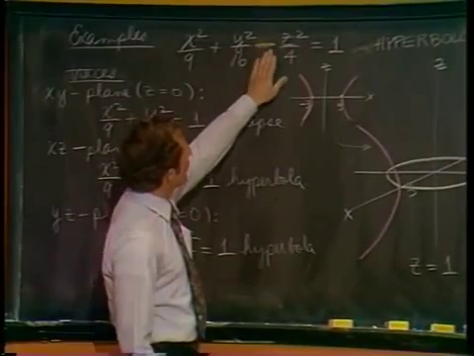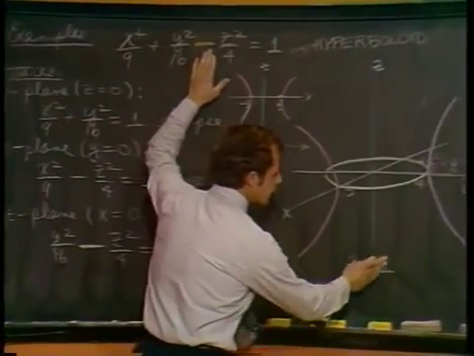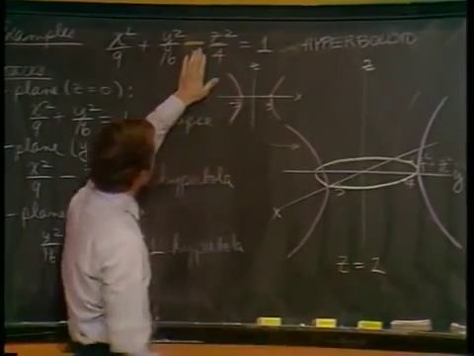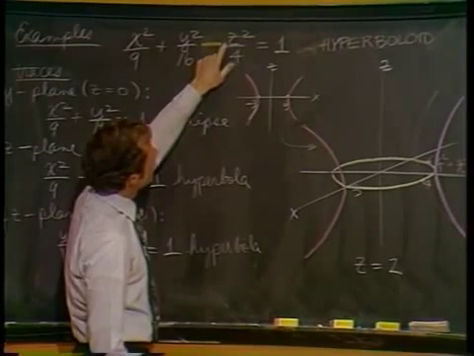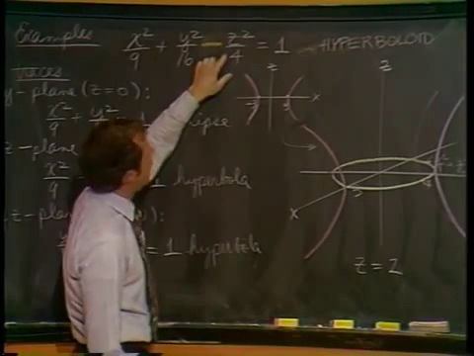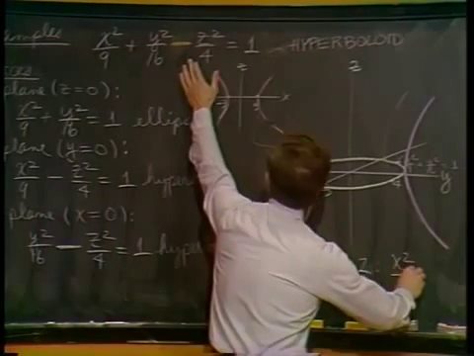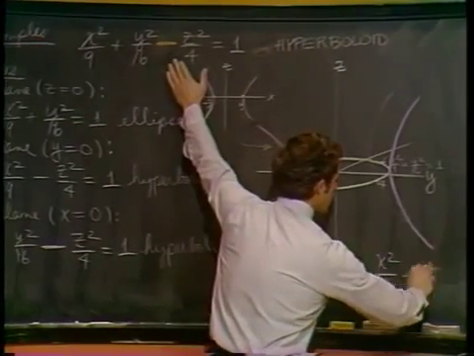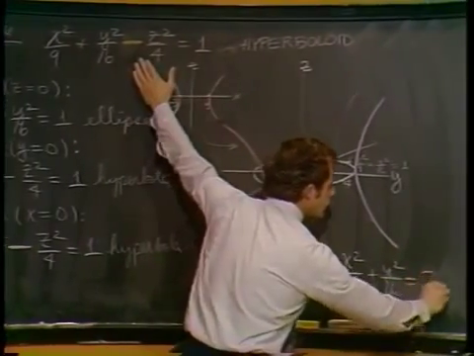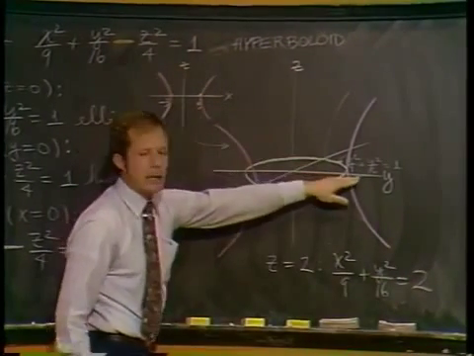If you put z equals 1 in here, let's make it 2. The numbers are better. If I put z equal 2 in here, z squared over 4 will be 1. Add it to the other side, I'll get x squared over 9 plus y squared over 16 equals 2, and not just a 1 as we had here.